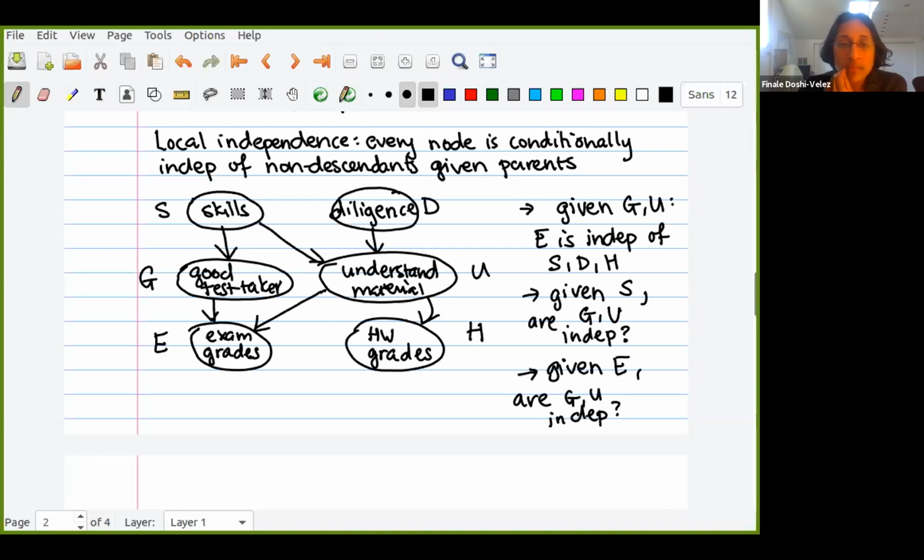Well, let's assume that doing really well on an exam ends up requiring two things. It requires understanding the material and having the right strategy, not getting stuck on a particular problem or something like this.